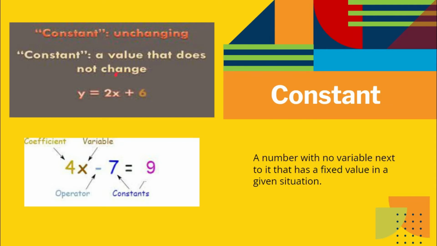The constant in this equation is the number 6. The value is given, and no matter what, it is not going to change. Down here we have a second example, the equation x minus 7 equals 9, in which 7 and 9 are constants. These are fixed values that are not going to change.